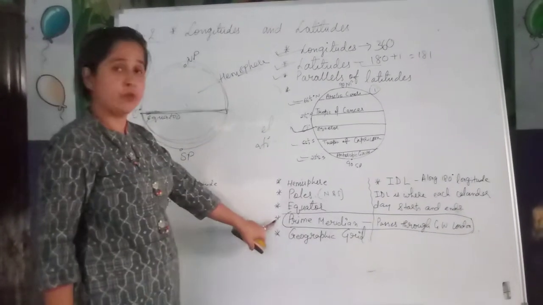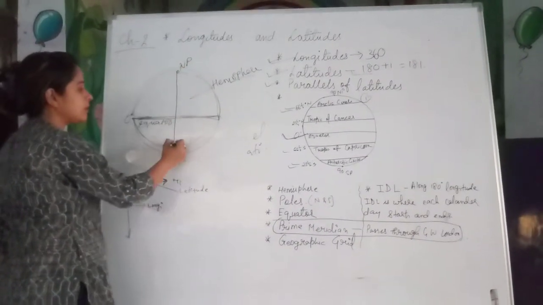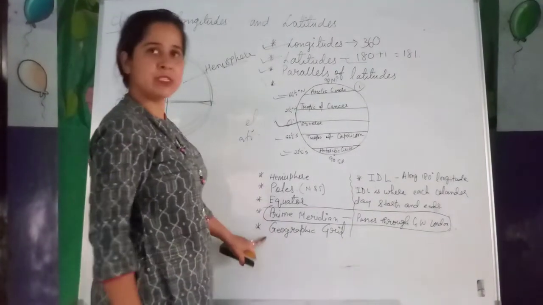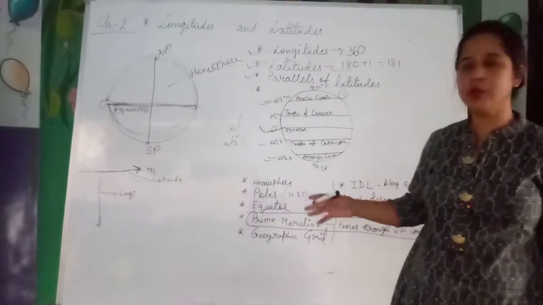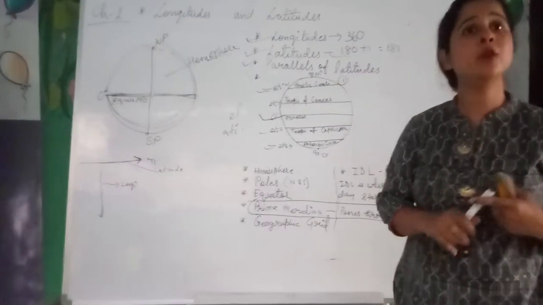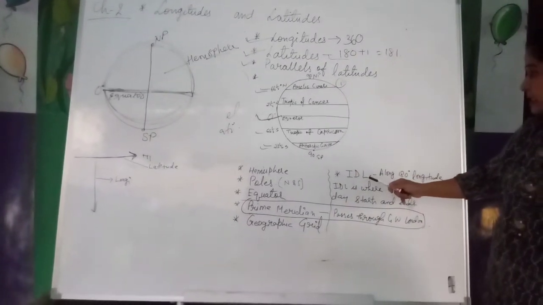Next is the prime meridian. What is the prime meridian? It is the longest longitude on the earth. Next is the geographic grid, a network of longitudes and latitudes which helps us calculate time and locate places. And this is IDL.